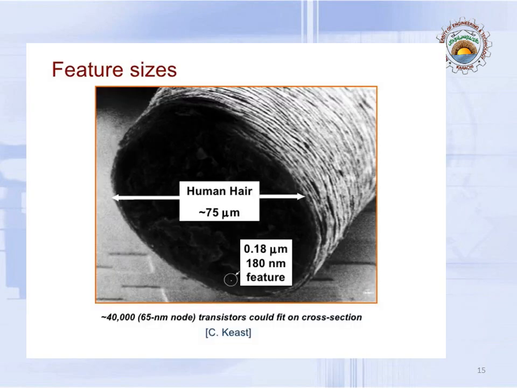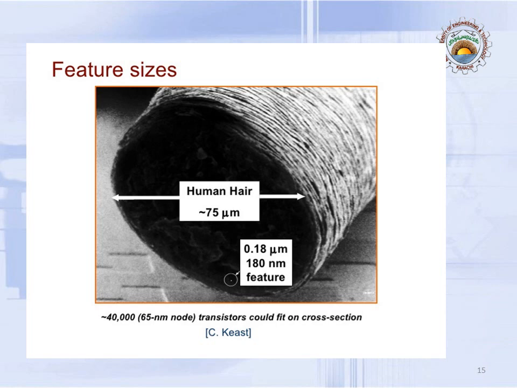This is just to give you an idea as to what is the dimension of a human hair compared to a transistor size. So for example, a roughly 75 micrometer human hair is this much thick or wide, and this is when we talk about 0.18 micrometer technology. And let me tell you, 0.18 micrometer technology is almost 2 decades old.